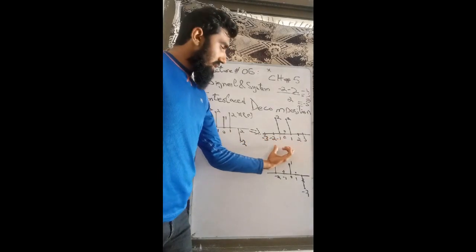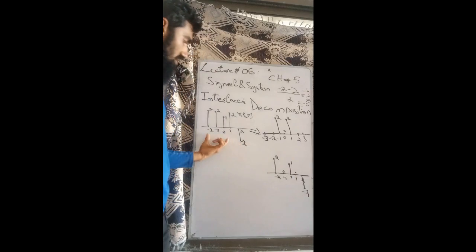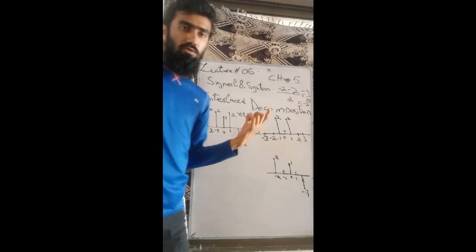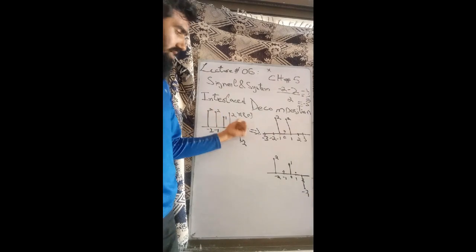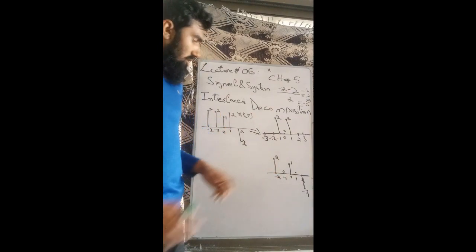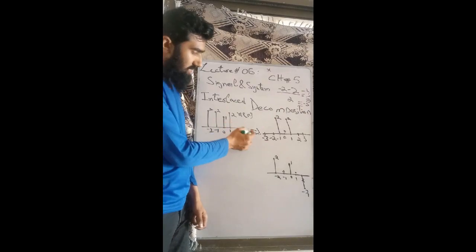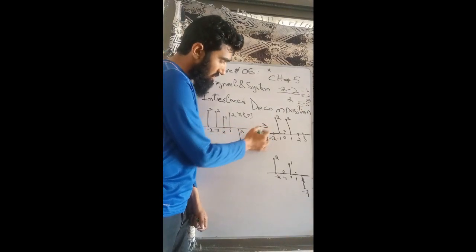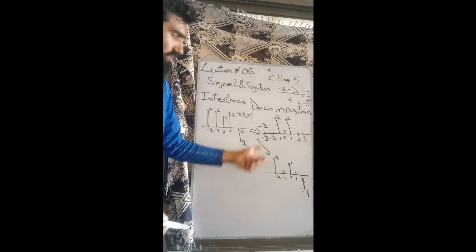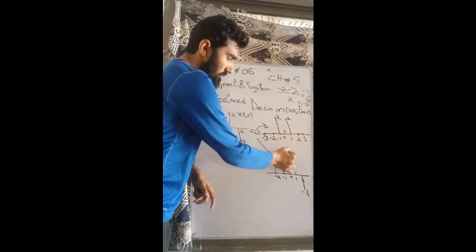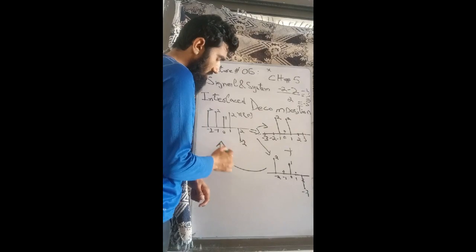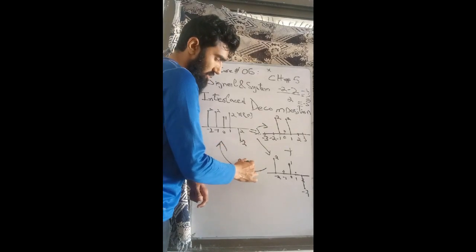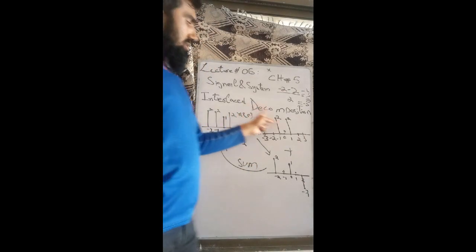The second time we assume that at odd indexes the value is 0 and take the other values from this complex signal, and we write these two signals. So we have decomposed this complex signal into two signals, and if we sum these two, we will get this signal again.